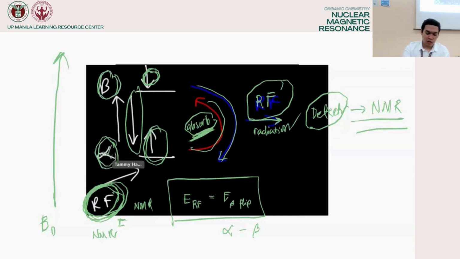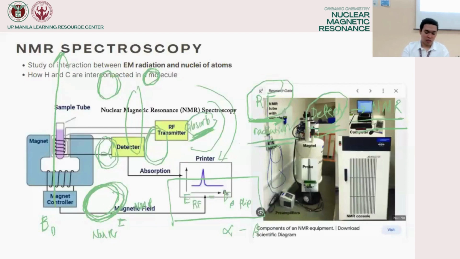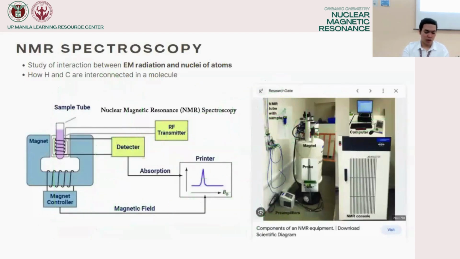Hence, the release of your energy, which is detected by your NMR. Hence, the concept or principle of NMR spectroscopy. So, naintindihan po ba kung bakit tinawag na NMR spectroscopy?